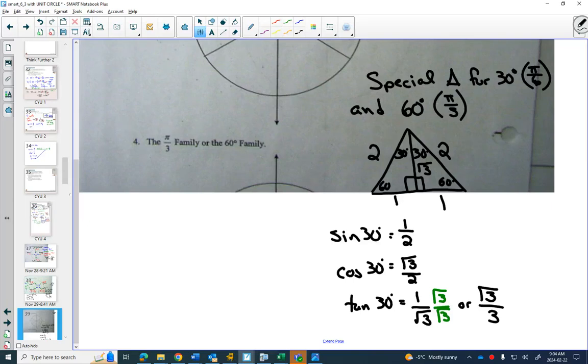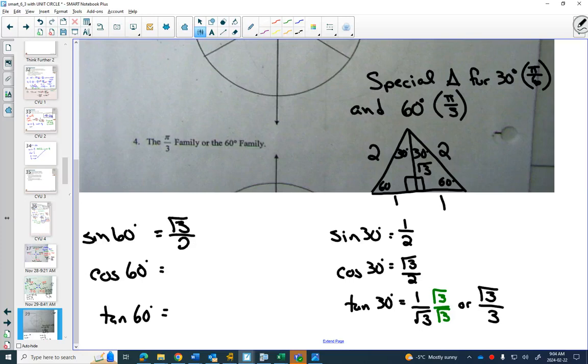And we can also, from our triangle, get sine of 60 degrees, cos of 60 degrees, and tan of 60 degrees. Now for sine of 60 degrees, it's still opposite, but now my opposite is root 3. Hypotenuse is still 2. Cos, adjacent, now my adjacent is 1. And tangent, my opposite is root 3, my adjacent is 1.